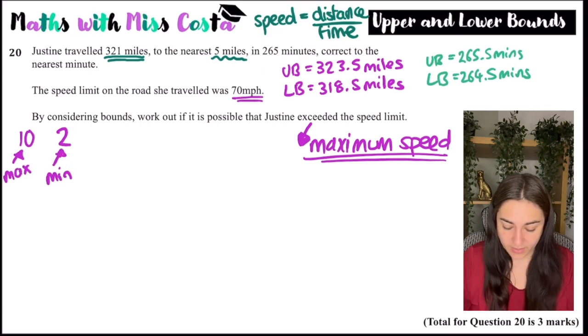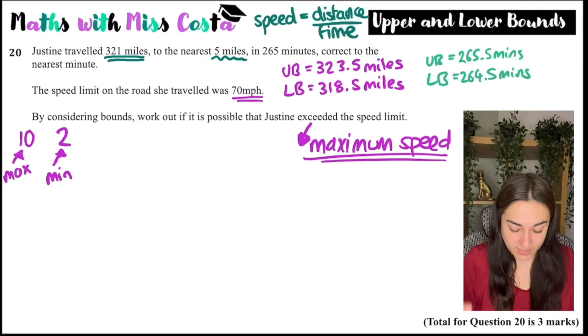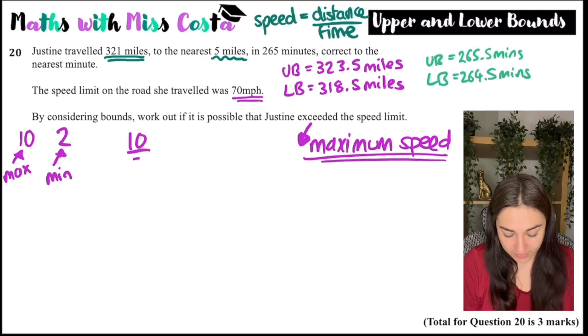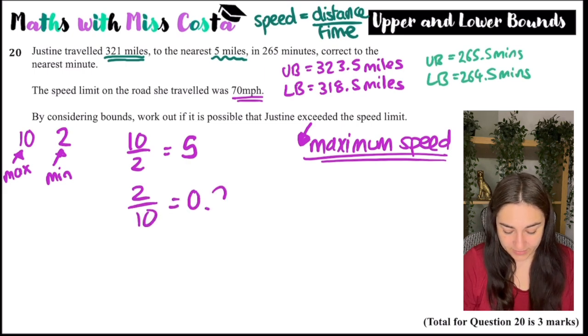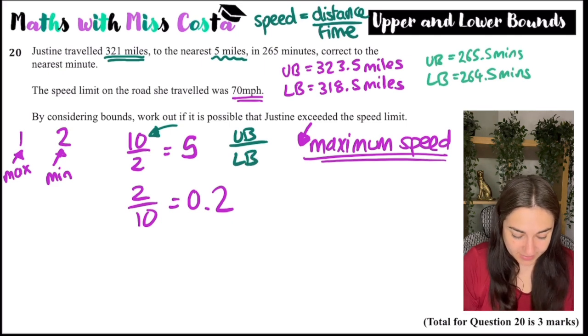And think to yourself, I know that to work out speed, I need to do distance divided by time. So I need to figure out whether I'm using the upper bound or the lower bound. So let's say I use the upper bound. 10 divided by 2 is 5. 2 divided by 10 is 0.2. So I've realised that when I use the upper bound and then the lower bound, I end up with the maximum value.